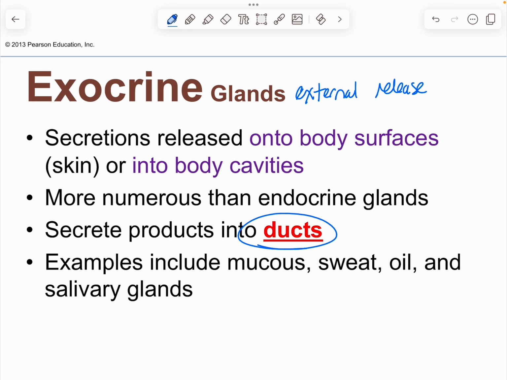And they're using ducts or tubes to do that. There are a lot more exocrine glands than there are endocrine, and the things they secrete are things like mucus, sweat, oil, and saliva. So there are mucus glands, sweat glands, oil glands, salivary glands, and they all release the product that is embedded within their name.